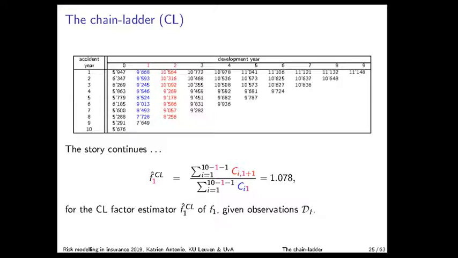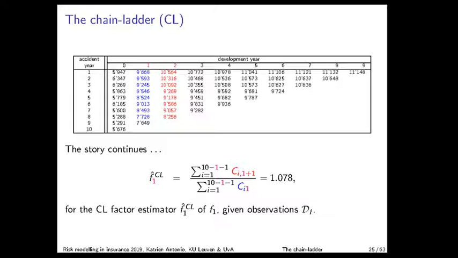In this particular example, the chain ladder factor f1 is estimated as 1.078, and the index i used in the sums in the denominator and the numerator runs from 1 to 8. These are the occurrence periods for which both development periods 1 and 2 are observed.